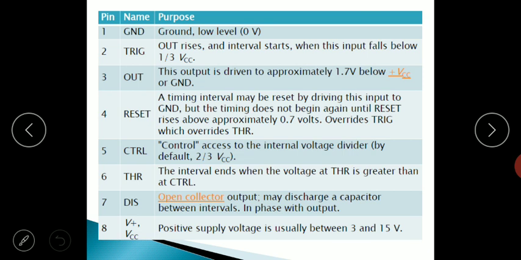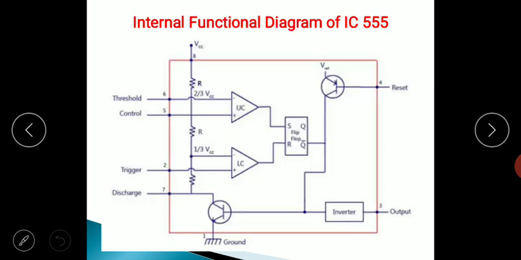Pin number 6 is the THR, that is the threshold pin, and pin number 7 is the discharge pin. Pin number 8 is the VCC pin, and this VCC can vary from around 5 volt to 15 volt. These are the pins of the 555 timer.